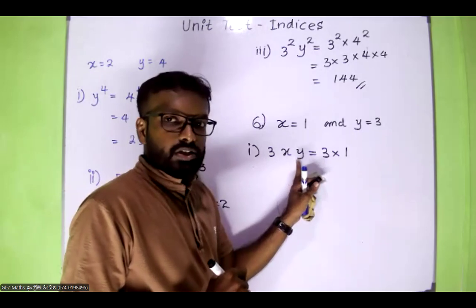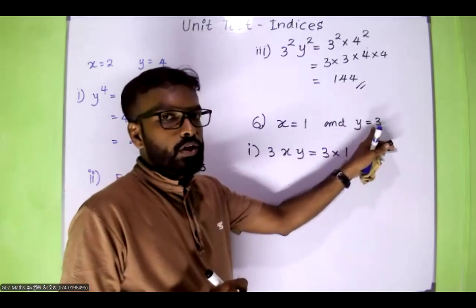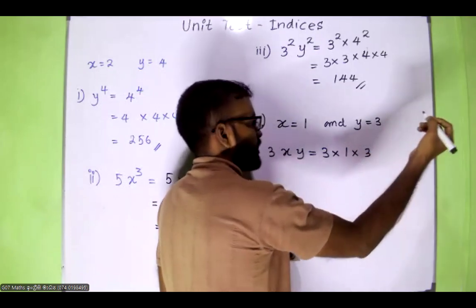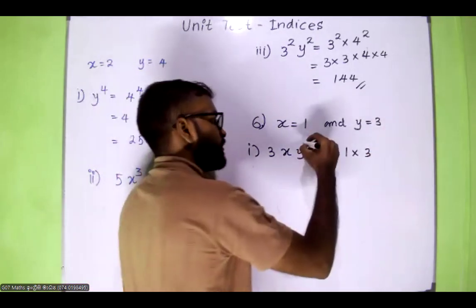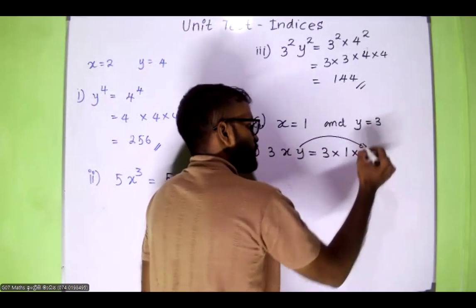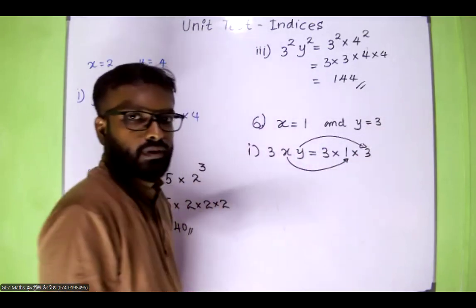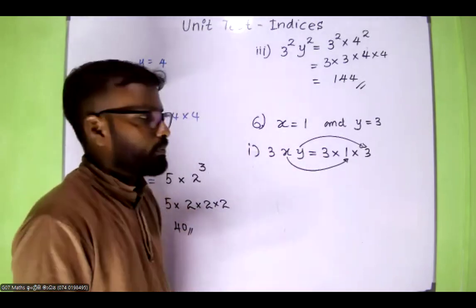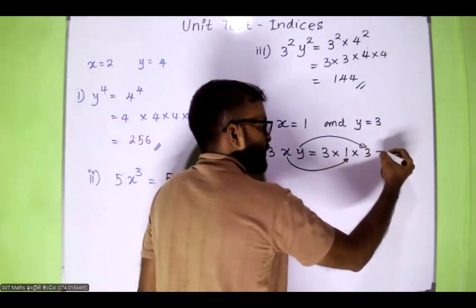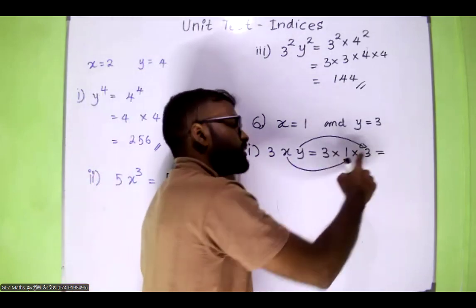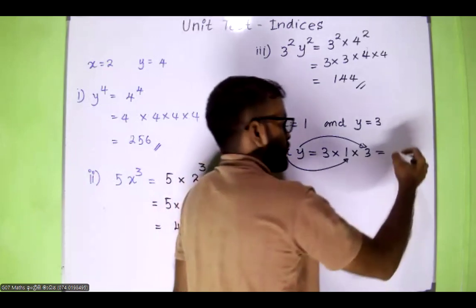Instead of y, I am going to substitute 3. So 3 multiplied by 1 multiplied by 3. Right? 3 is 3. Same. So, how do you simplify? 3 times 1, 3. 3 times 3, 9.